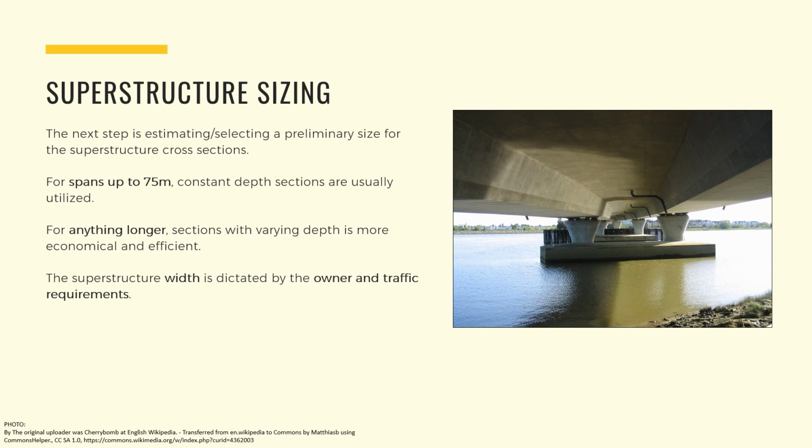Also part of the conceptual design is the estimation of the preliminary sizes of the superstructure cross-sections. For spans up to 75 meters, constant depth sections are usually utilized. For anything longer, sections with varying depth is more economical and efficient. The superstructure width is dictated by the owner and traffic requirements.